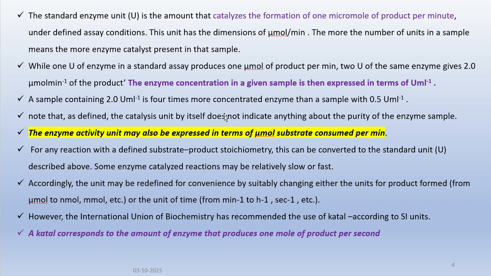While 1 unit of enzyme gives 1 micromole of product per minute in a standard assay procedure, 2 units of the same enzyme give 2 micromoles per minute of the product. So the enzyme concentration in a given sample is generally expressed in terms of units per ml. Enzyme activity unit may be expressed as micromole substrate consumed per minute.